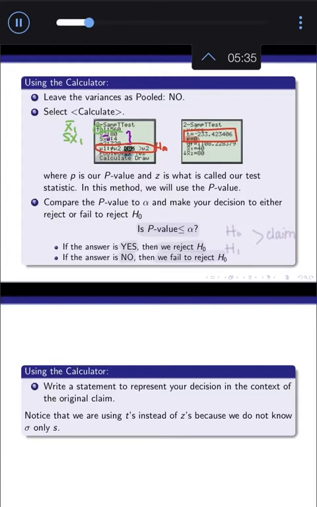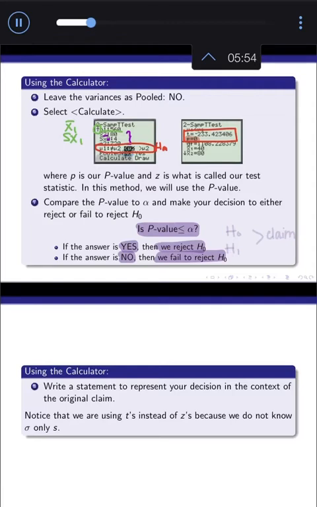And we're going to ask the same question we always have that never changes. Remember, our question is P less than or equal to alpha. Just like before, if the answer is yes, we'll reject H naught. If the answer is no, we will fail to reject.